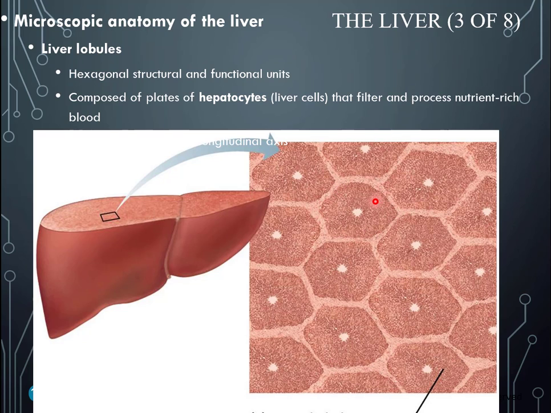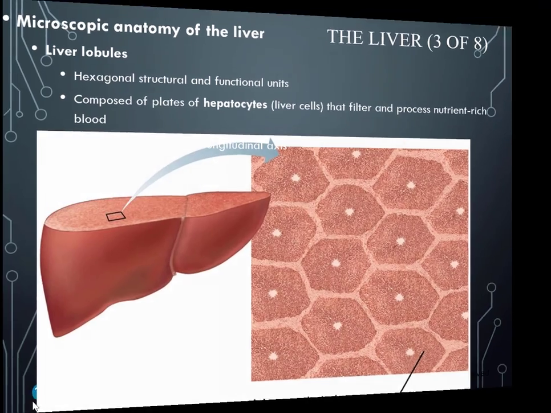They are made up of plates of hepatocytes that filter and process nutrient-rich blood.